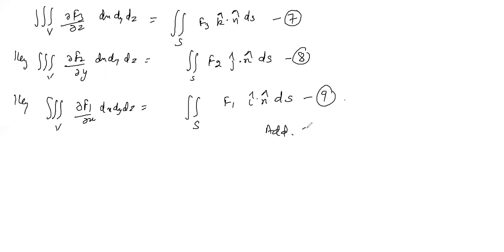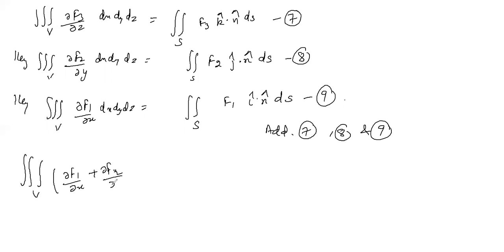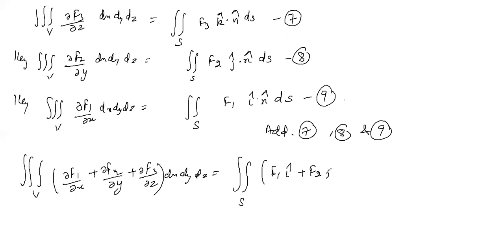Now add equations 7, 8 and 9. Then we have volume integral curl f1 by curl x plus curl f2 upon curl y plus curl f3 upon curl z dx dy dz is equal to the surface integral of f1 i cap plus f2 j cap plus f3 k cap dot n vector ds.